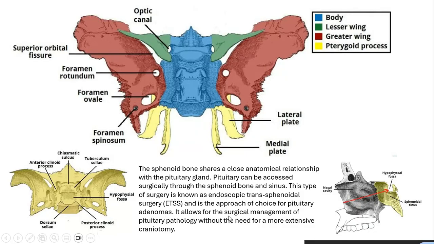It allows for the surgical management of pituitary pathology without the need for a more extensive craniotomy. So that's the nasal cavity, that's the hypophyseal fossa, and this is the sphenoidal sinus right here.